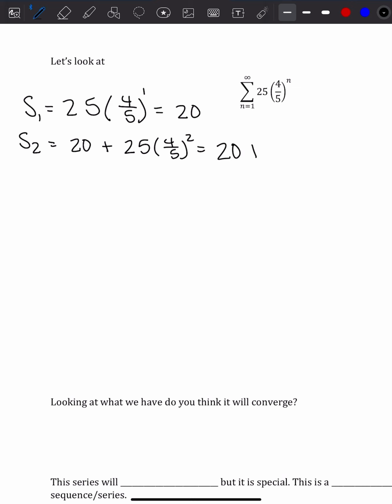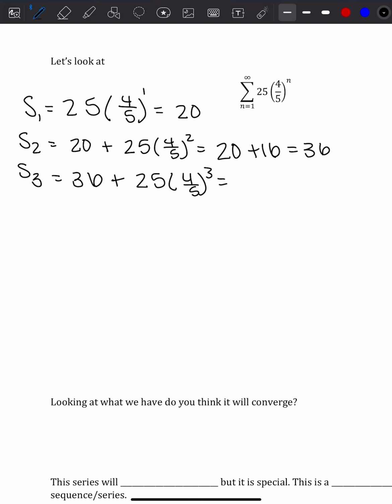So we have 20 plus 16, which is 36. From here is where we're going to want a calculator, because we now have 36, the previous term, plus our next term, 25 times 4/5 to the third. So each time we're taking that previous sum and adding that next term to it to find our next partial sum.